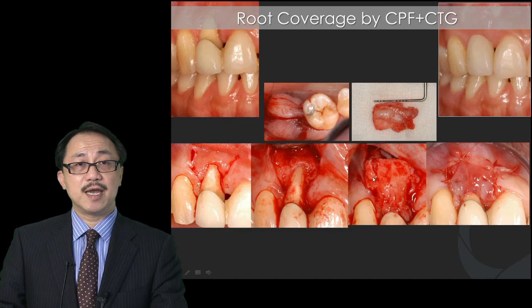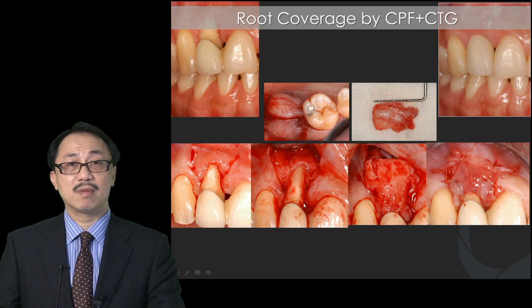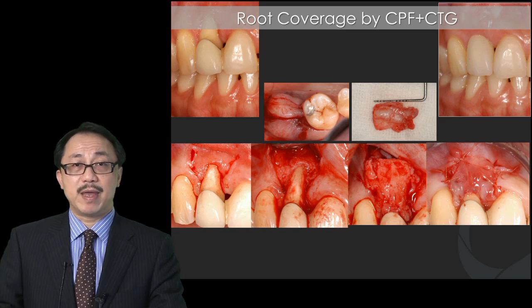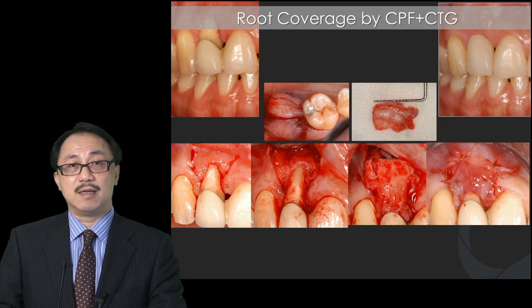This is another case showing that root coverage can be obtained by a coronally positioned flap and connective tissue graft with two verticals. But cases like this demand technical sufficiency a lot more than without flap elevation.